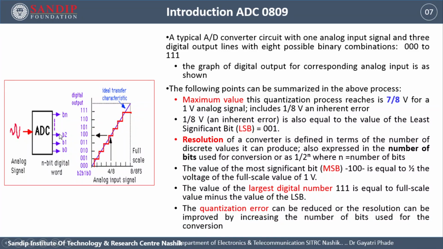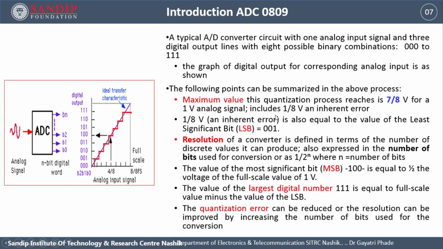The quantization error can be reduced or resolution can be improved by increasing the number of bits used for the conversion. We have discussed it here. The more the number of bits n, the smaller the step size, the lesser the quantization error, and more accuracy there will be for the conversion from analog to digital.